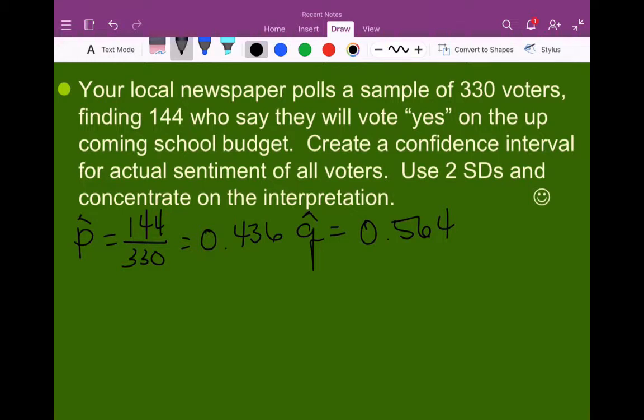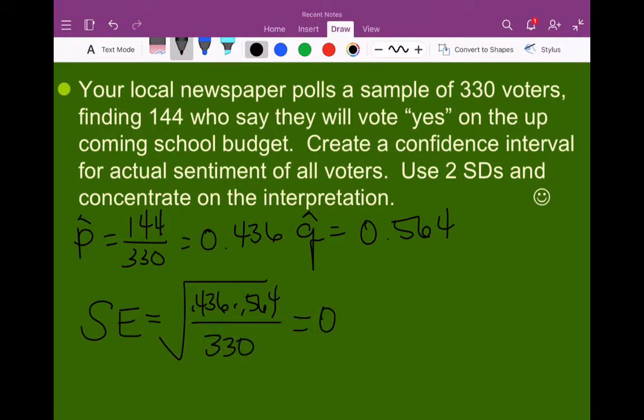Once we find this, we need to find our standard error. So our standard error is equal to the square root of p hat times q hat all over n, which is 330. And this gives us a value of 0.027.